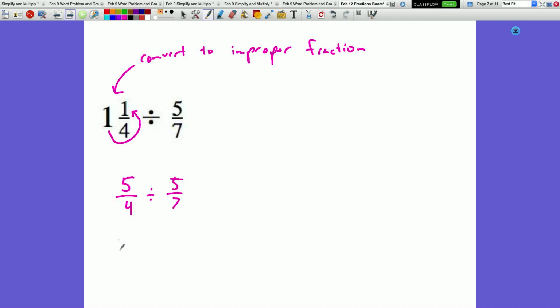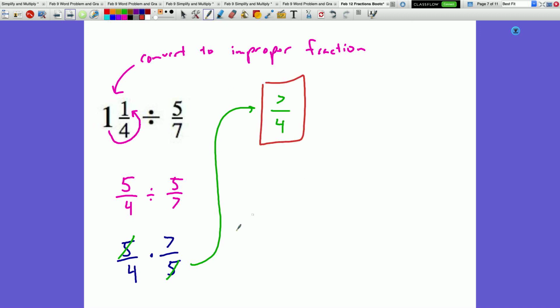Now I'm going to copy.flop that, so copy dot flop, cross out the 5s, and I get 7 over 4. And I'll just leave that as an improper fraction. You could convert it if you really wanted to.